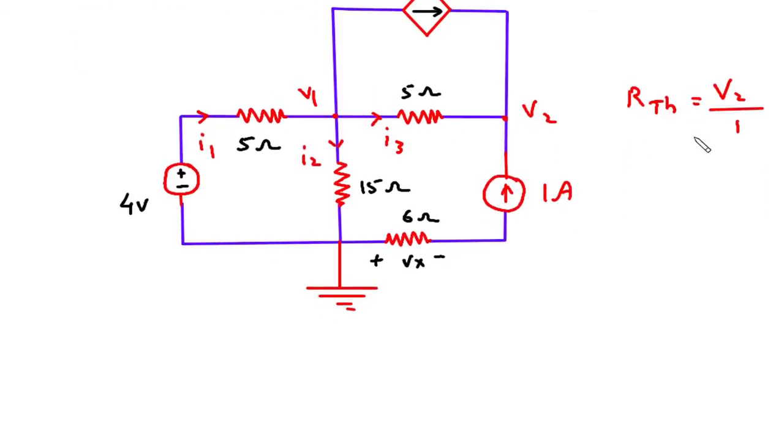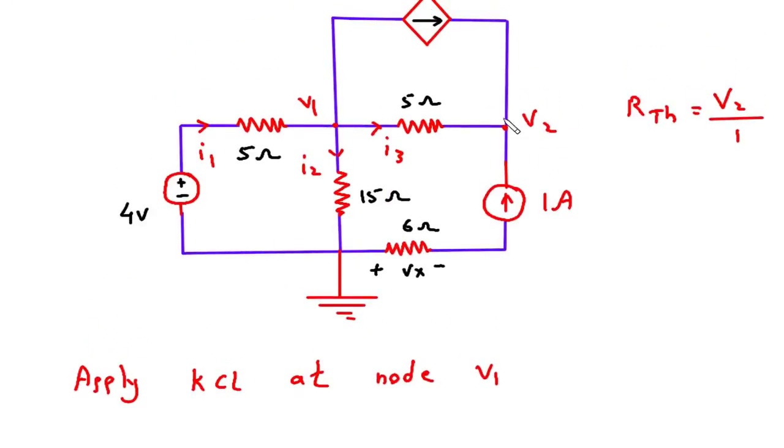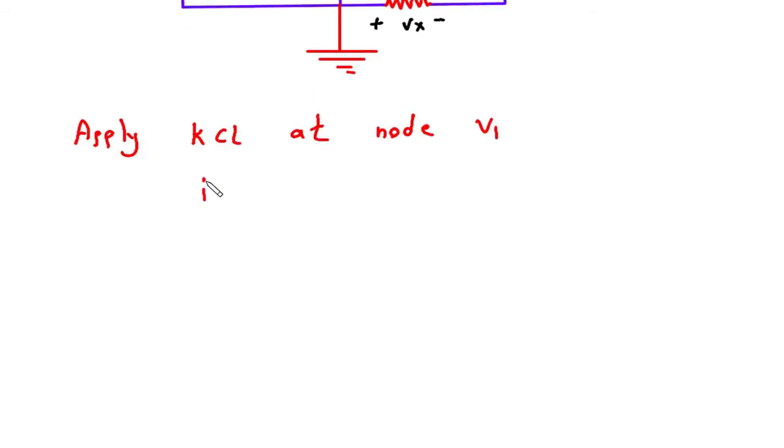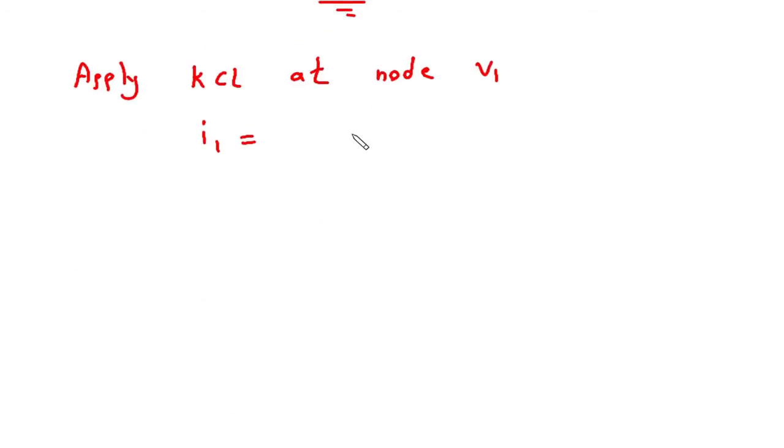Now we will apply KCL at node V1. So this will be I1 is equal to I2 plus I3 plus 3Vx.